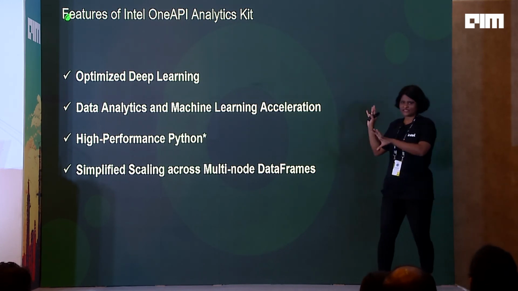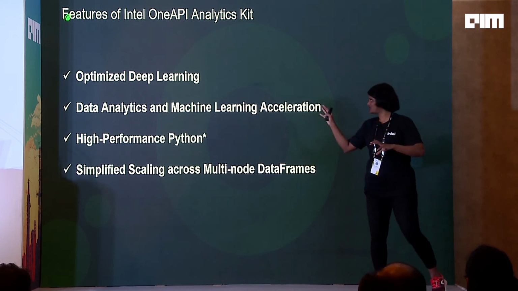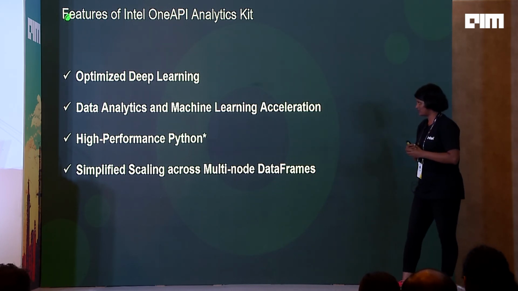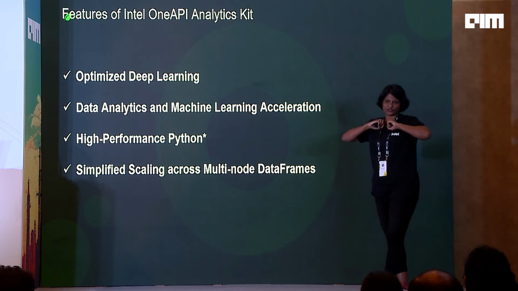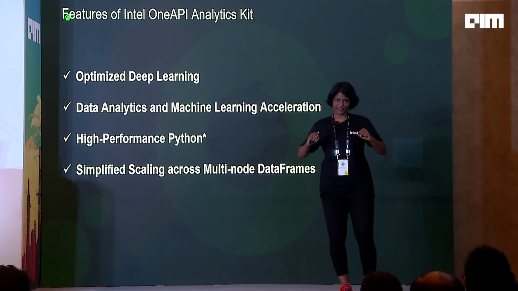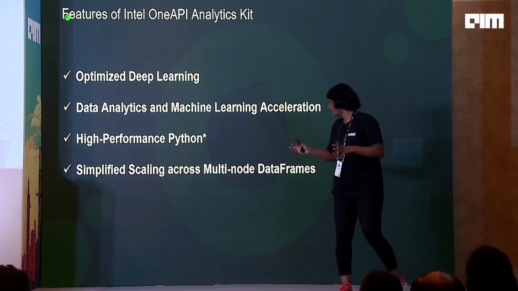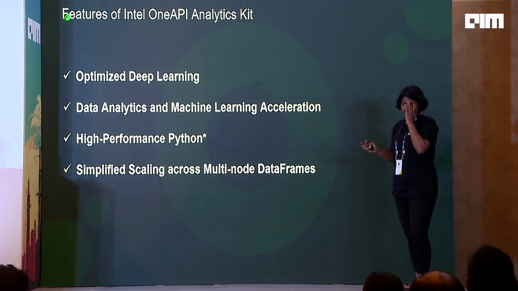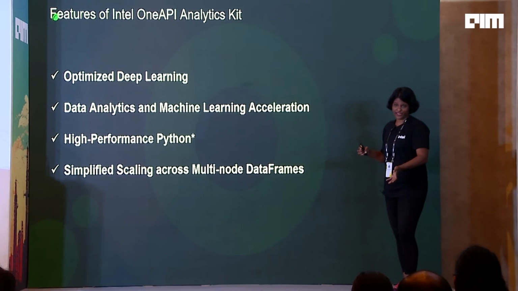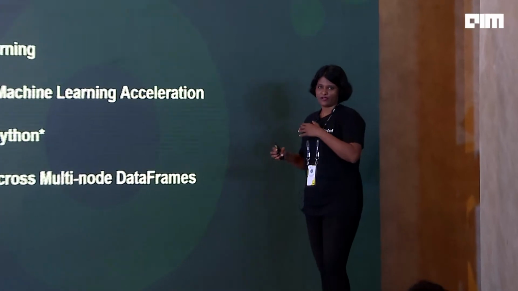I'm just highlighting some of the features of the oneAPI Analytics Toolkit. First, you can optimize your deep learning or machine learning pipeline, having a more optimized pipeline. You can also accelerate the performance and increase productivity. You can speed it up. For this use case, it's 7x, but there are certain use cases where you can speed it up to even 30x, 40x.